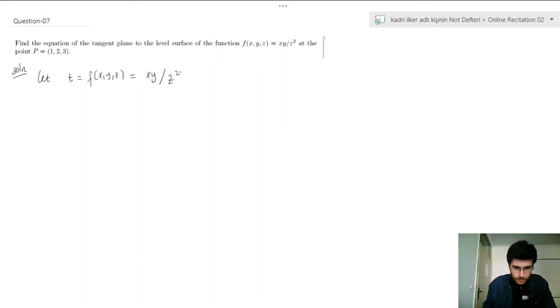Therefore, recall that over here t can be viewed as a time parameter.